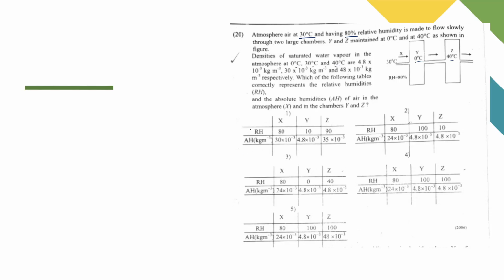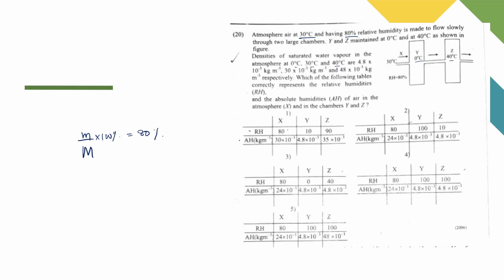Then we want to find what is the RH and AH in X, Y and Z. So in X, RH is 80%. They already have mentioned. So what is RH? RH is the current AH over the saturated, right? Current level over the saturation into 100%. So that is 80% for X.